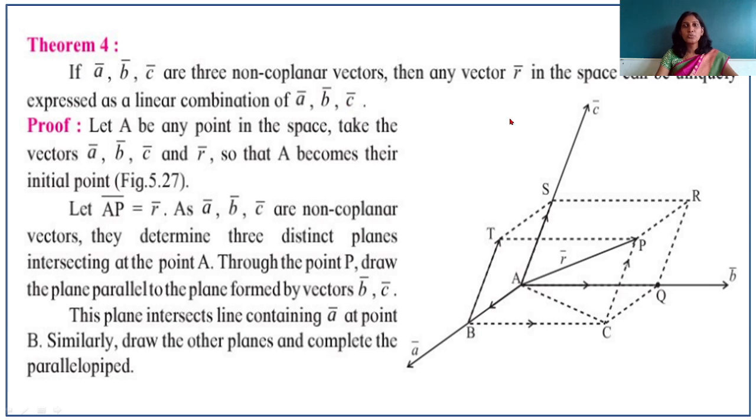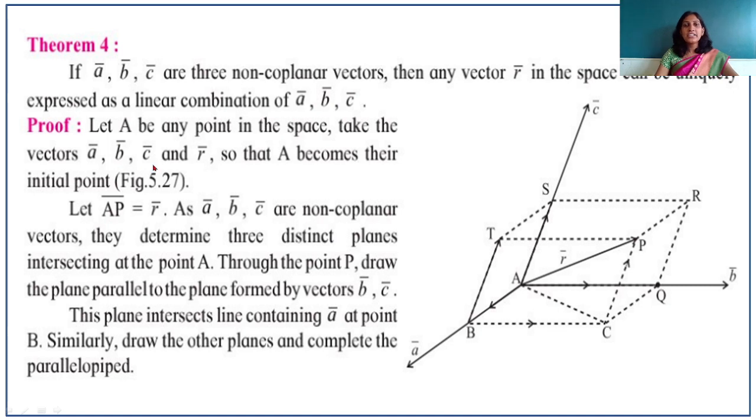That means we have to prove that, supposing x, y, z are scalars, r bar is equal to x a bar plus y b bar plus z c bar. We have to prove this.